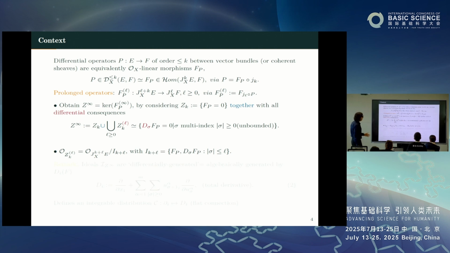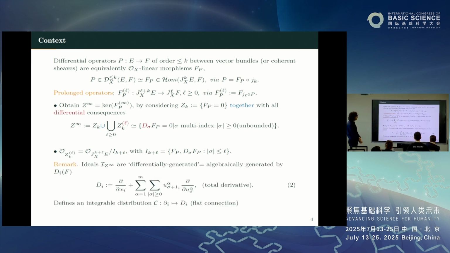In each level, you have ideals cutting out these Z_{k+l}'s or Z_k's inside the structure algebra of the topological l plus k jet space. Or you can think sheaf-theoretically or dually, you can think about jet sheaves of the dual sheaf. Okay. I_Z infinity, after infinite prolongations, is differentially generated.